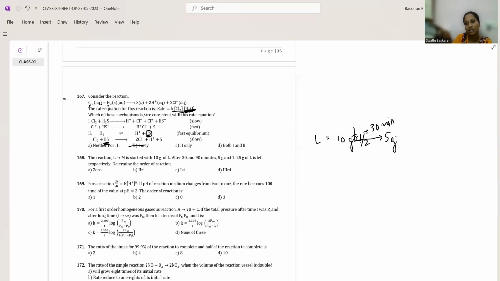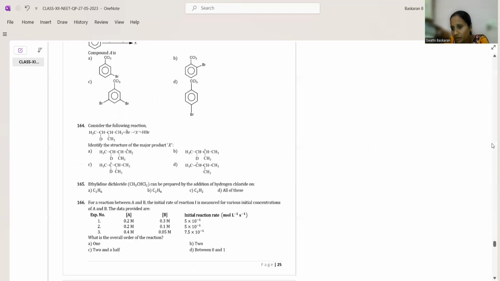Now usually if we check the pattern of this reaction, this 5 grams needs to further convert into what? If it is becoming half, then definitely it has to become 2.5 grams. Once again from here, if you are converting into half, it has to become 1.25 grams.